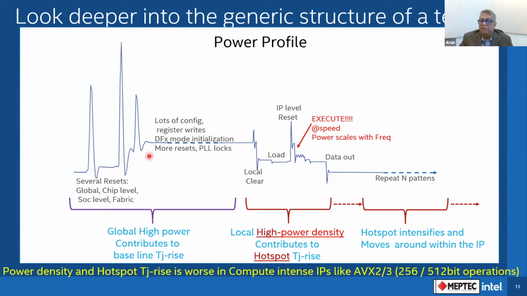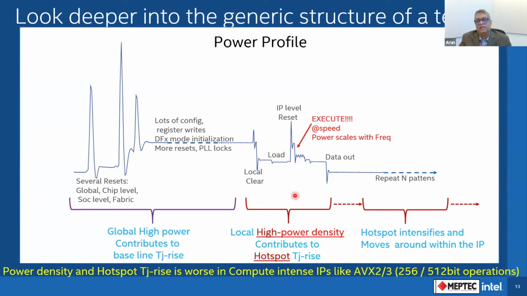This is huge power, but low power density because the power is distributed all over the die. But this sets the baseline TJ, meaning the huge power is drawn, the temperature elevates, and then my hot spots come in riding on top of the baseline. That is a problem. And this is where the individual pattern comes.